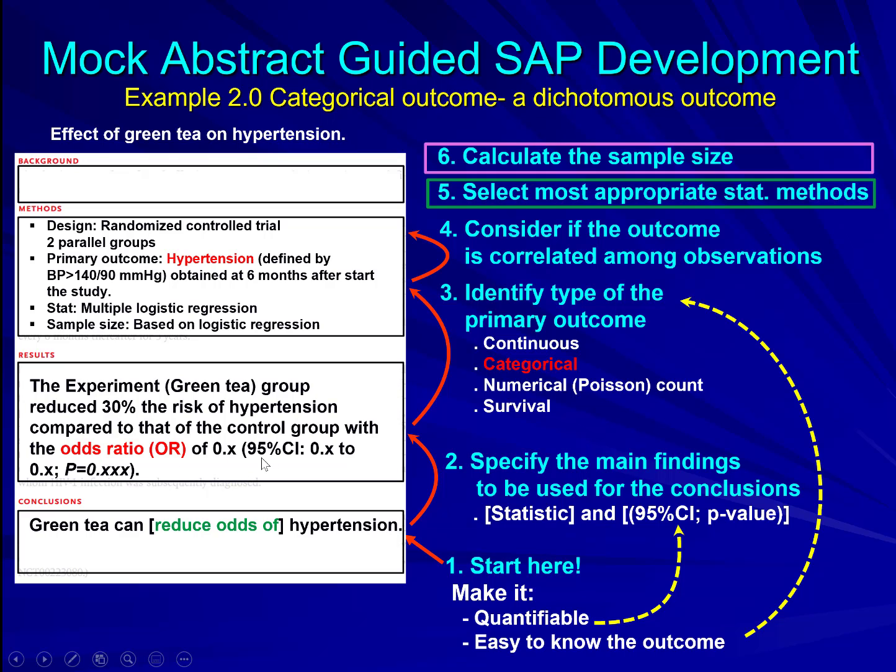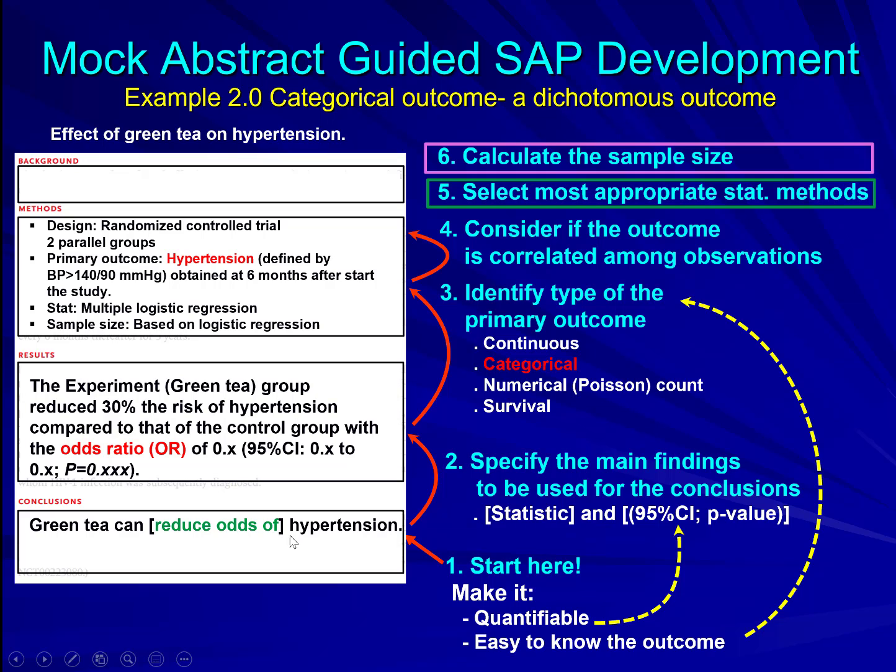The odds is an indirect measurement of the risk, but it's more stable than risk or risk ratio. So maybe some people say reduce risk of hypertension, no problem, because it's an indirect method to estimate risk, still acceptable.